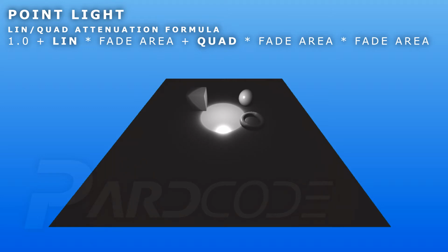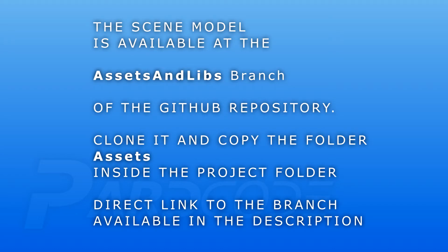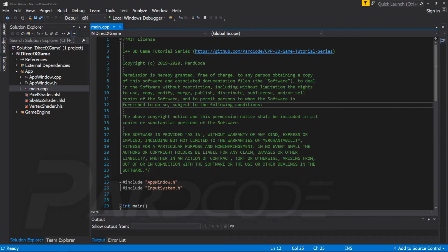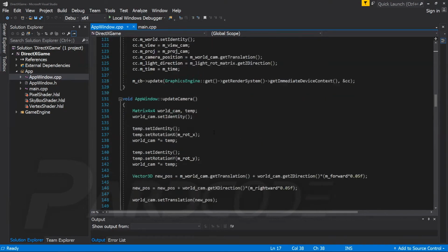Very well, we have collected all the necessary information to start the implementation. As first thing, let's go to App Window C++ file and let's use the scene.obj model.